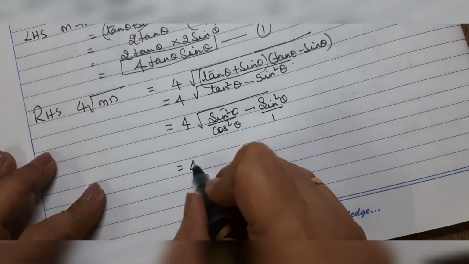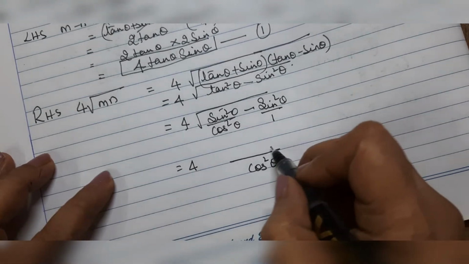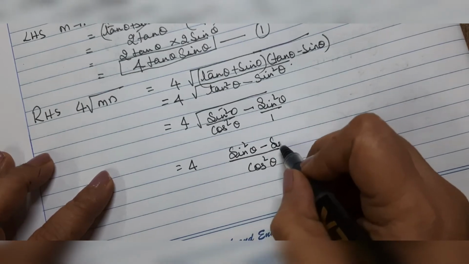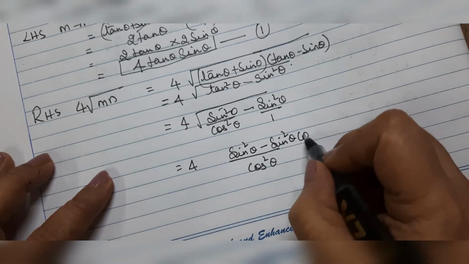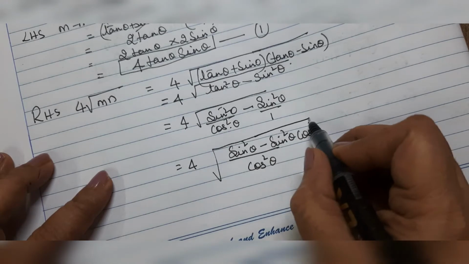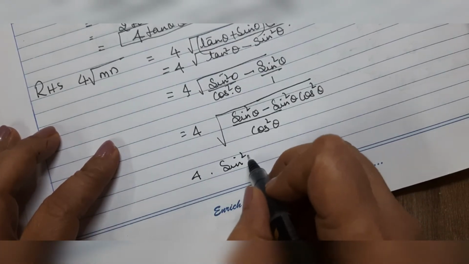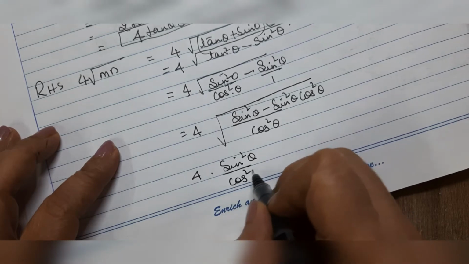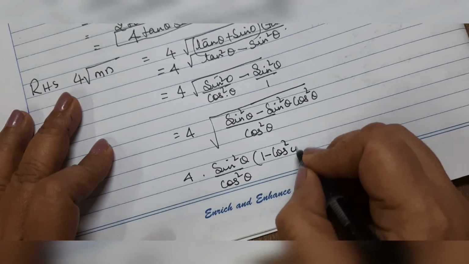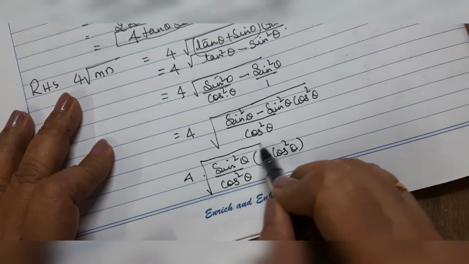So here LCM will be cos square theta and here sine square theta minus sine square theta into cos square theta. This one over here, square root. So take here sine square common out, sine square theta by cos square theta into 1 minus cos square theta. I have just pulled sine square out, this cos as it is, root.